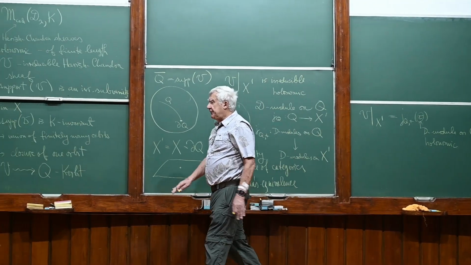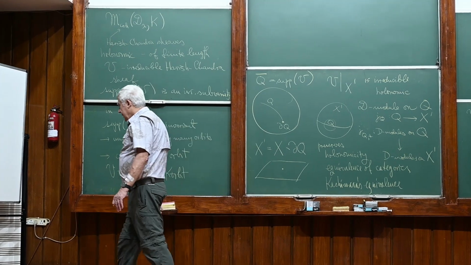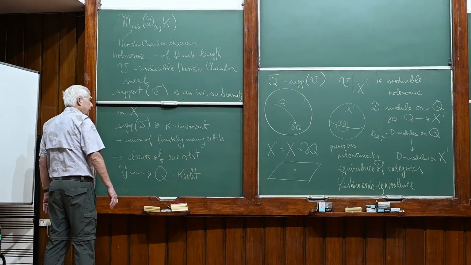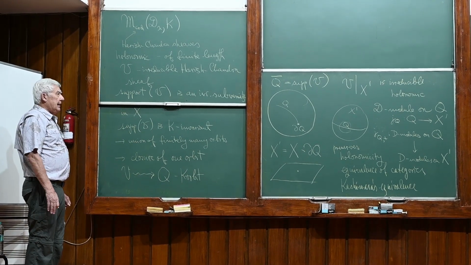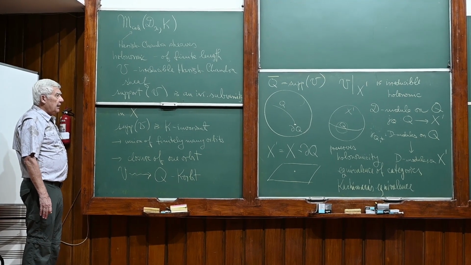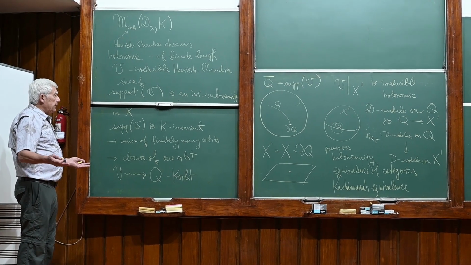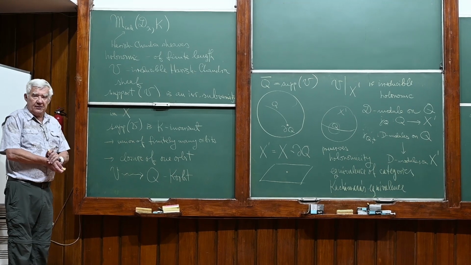Now, since it's holonomic, its characteristic variety has to be of the same dimension as the orbit.